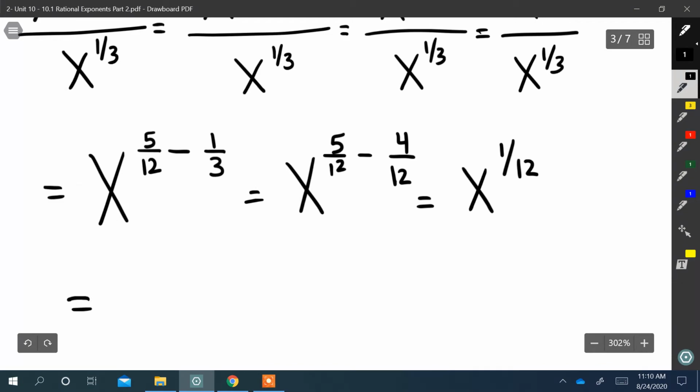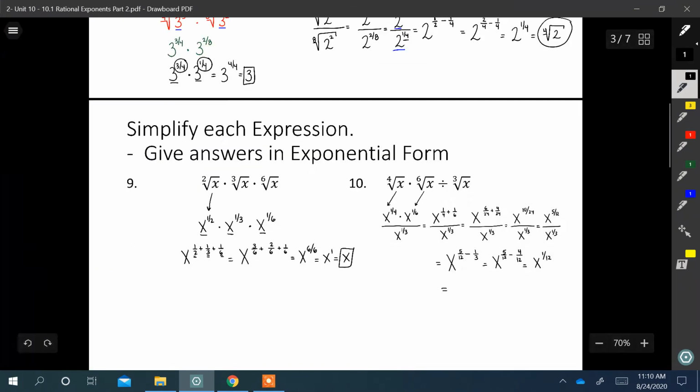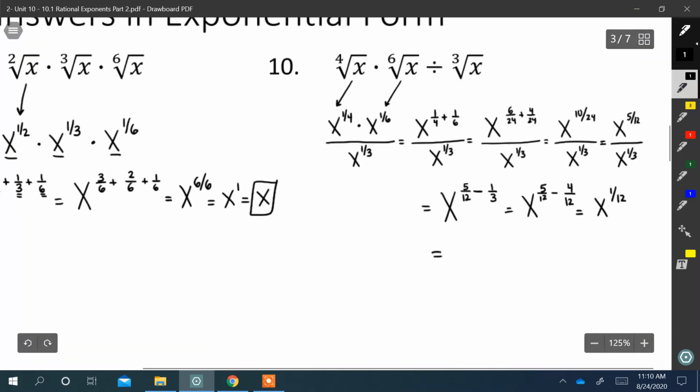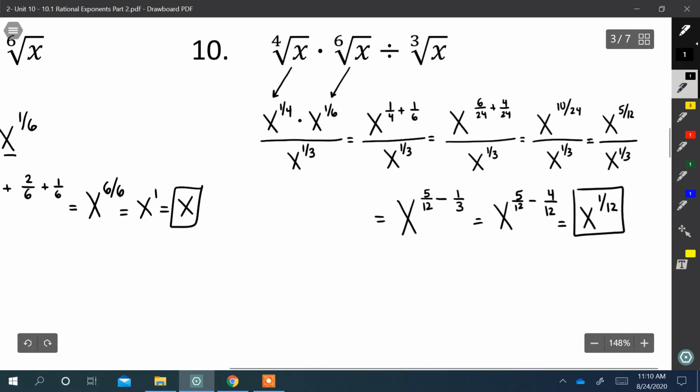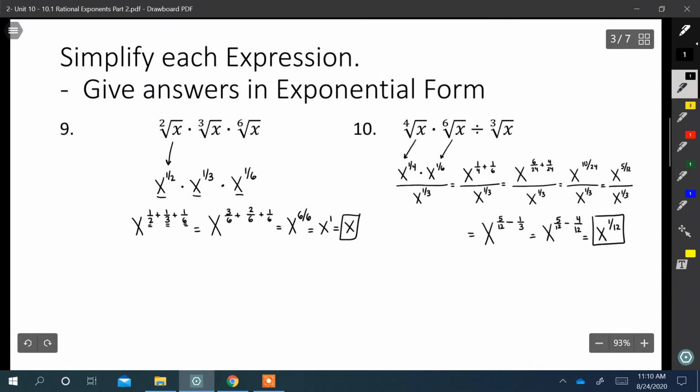Let's rewrite that in radical form, or let me see. Oh, give answers in exponential form. So actually, this will be my final answer. Okay. So yeah, that one was a little bit more complicated.